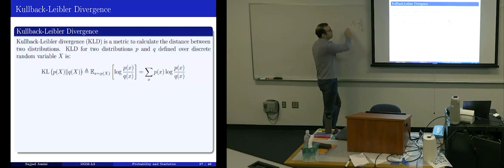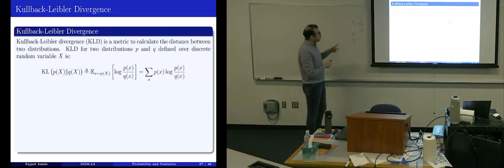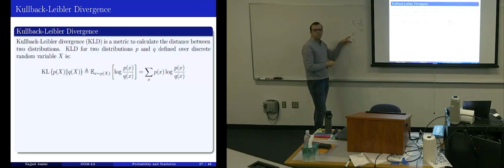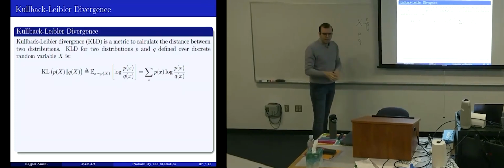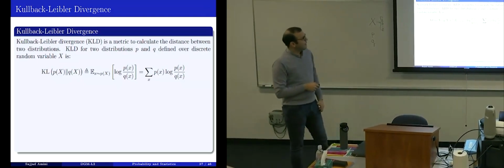Over this random variable, you can define different distributions. You have lots of distributions over this random variable. One of them is P, and the other is Q. You want to design a metric that can show the divergence between these two distributions. They are shared over one random variable. The random variable is not changed. So, the KLD is denoted by this notation and is defined as an expectation.